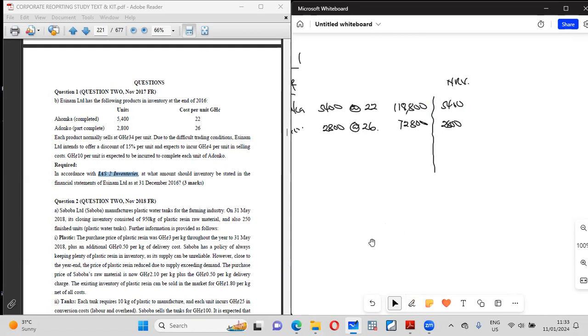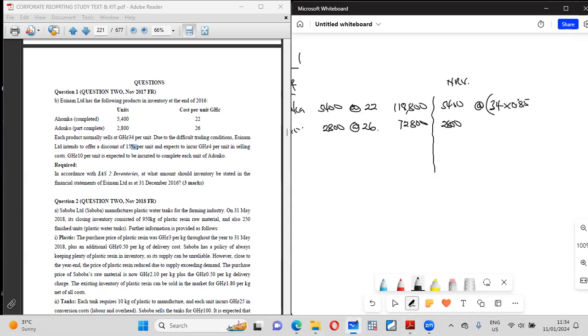So we said you need the selling price. What is the selling price? They normally sell it at 34. But before they can do that, they will have to give a discount. So it means that this 34 has to suffer a discount. If you do a discount of 15%, which means that the 34, we can only apply what?